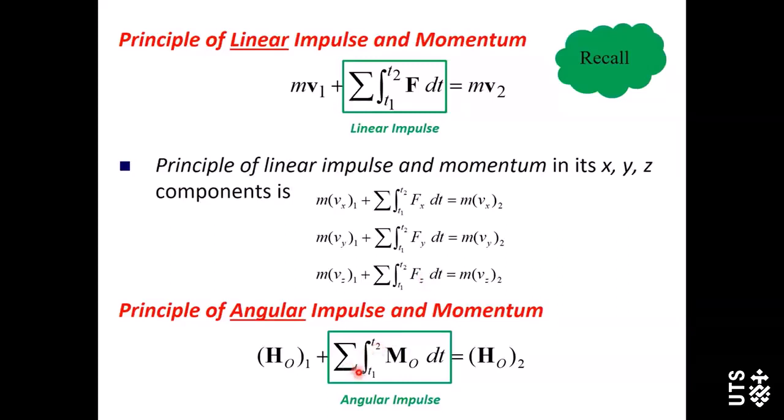Angular impulse about a selected point, for example point O, is equal to the integral of the moments of all the forces acting on the particle about point O with respect to time t.